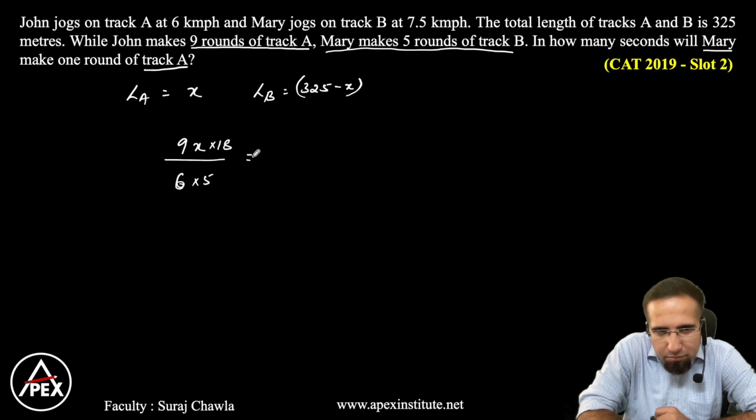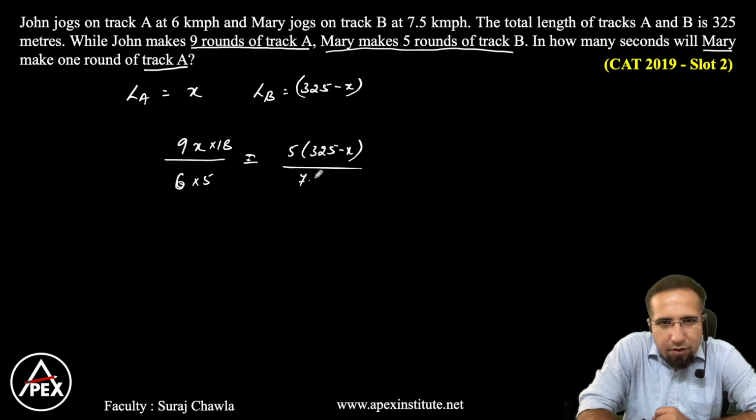In the same time, this time is the same as the time taken by Mary to cover 5 rounds of track B. So this becomes 5 into 325 minus x divided by 7.5 into 5 by 18.